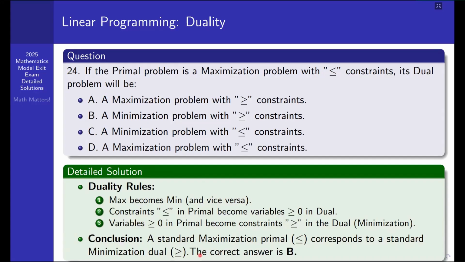Therefore, the correct answer could be B. That is, the maximization problem with less than or equal to constraints will be a minimization problem with greater than or equal to constraints, because the maximum becomes a minimum or vice versa.